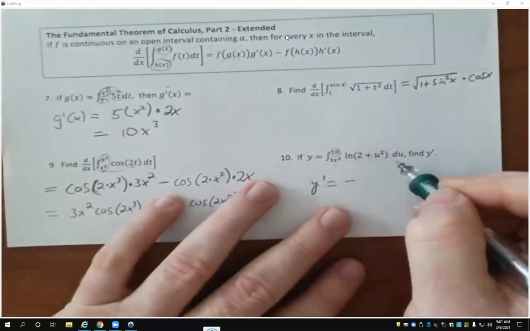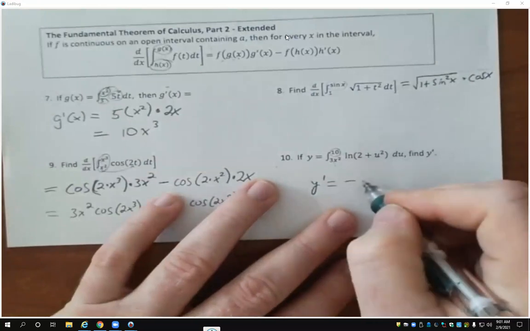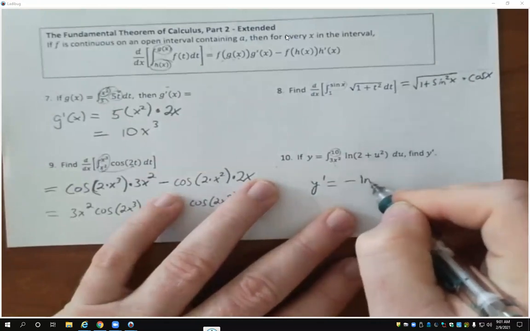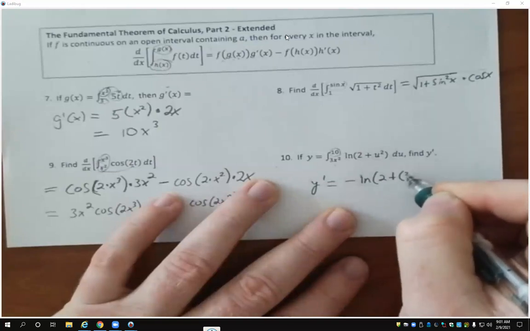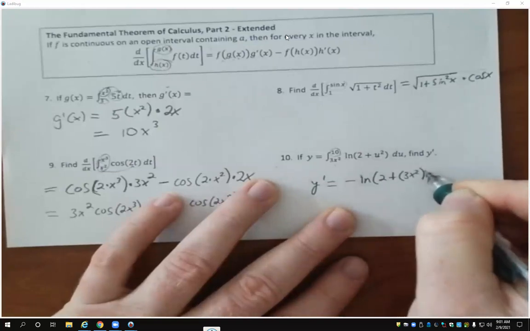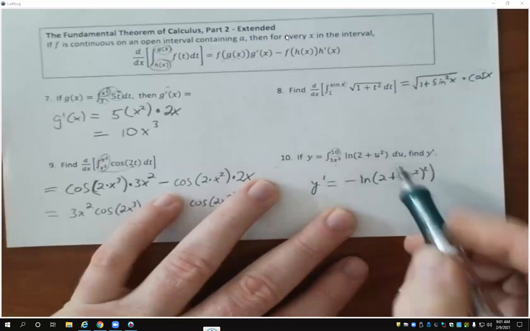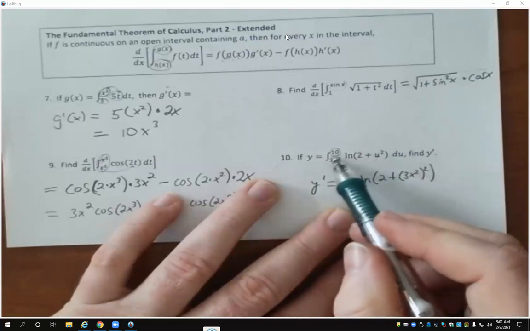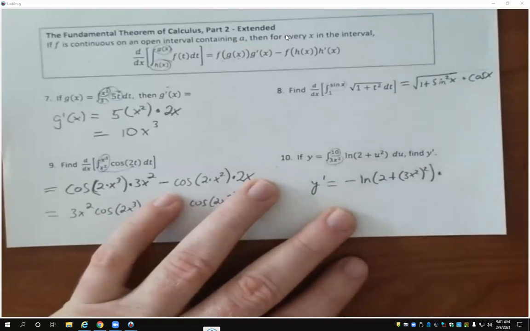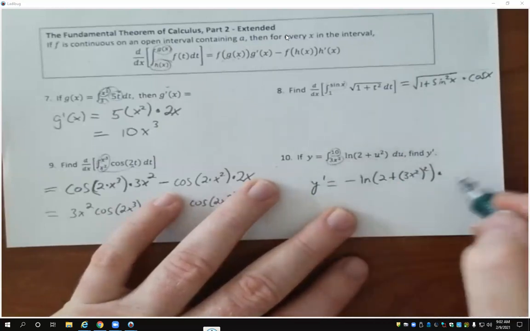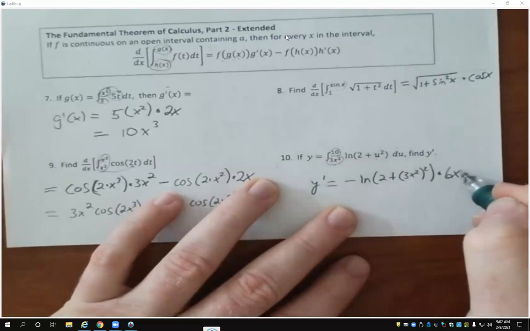We're going to plug 3x squared into this u. So we're going to get the natural log of 2 plus, and then parentheses, 3x squared, squared. We're squaring the u, and this is my u. Chain rule, the derivative of 3x squared is 6x.